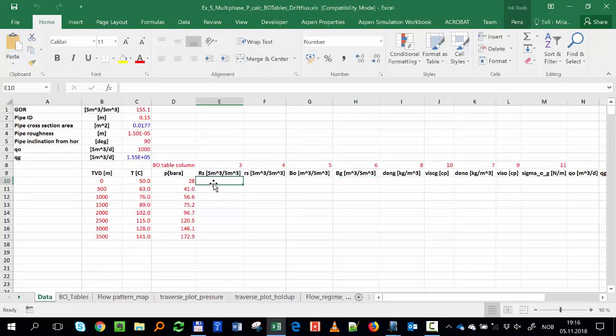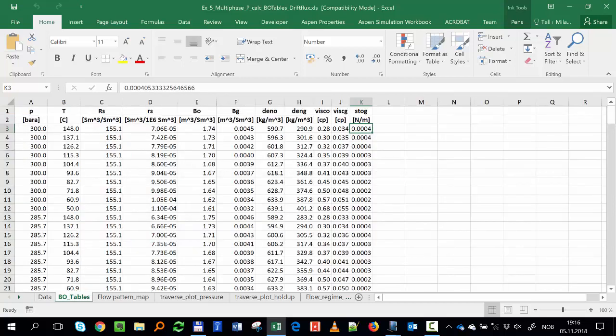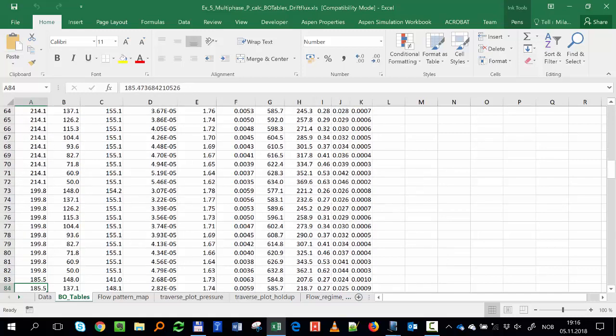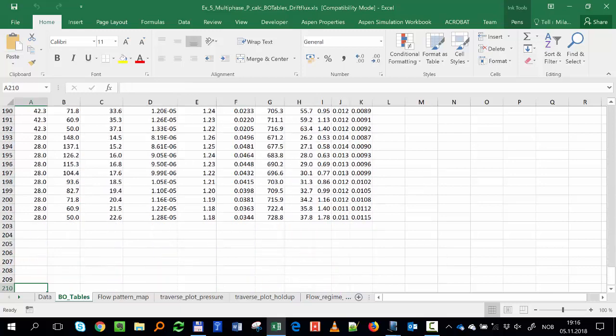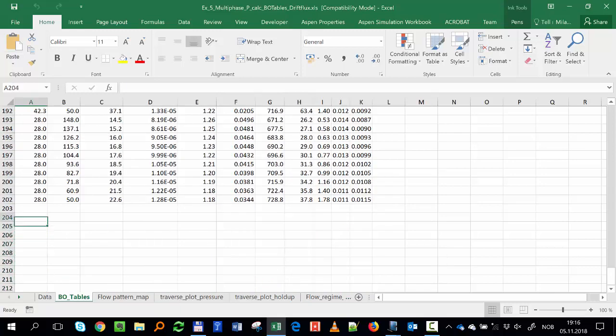So let's say the RS at 28 and 50. How much will that be? We go on our column, we have to find a pressure of 28, so it should be all the way to the end, 28 and 50.